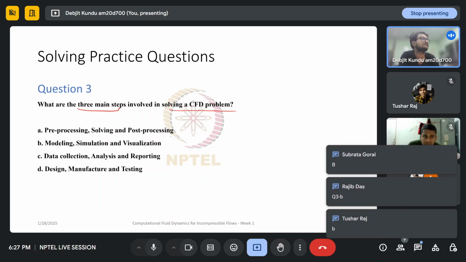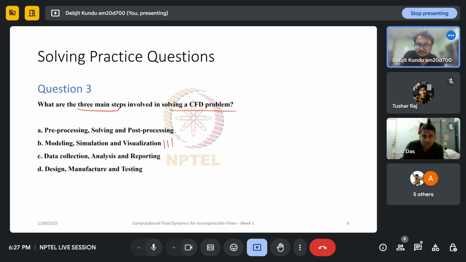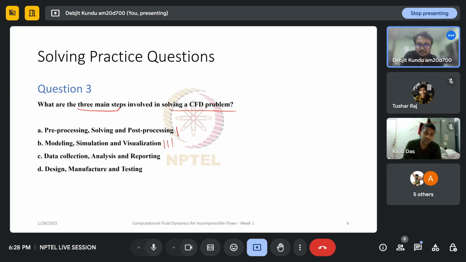So we have a lot of responses in favor of option B. Three so far. Let's see what others have to say. We have a response in favor of option A. Three main steps involved in solving a CFD problem.